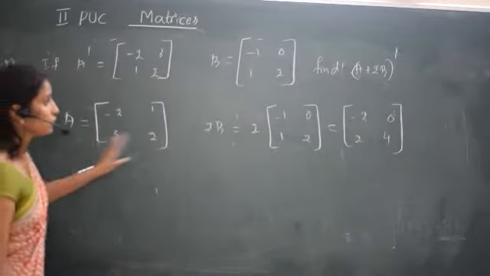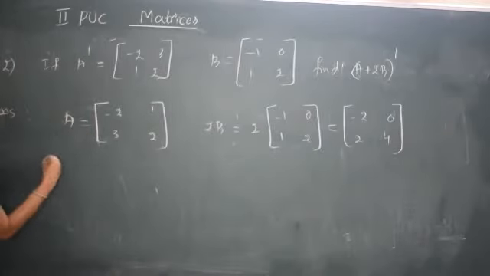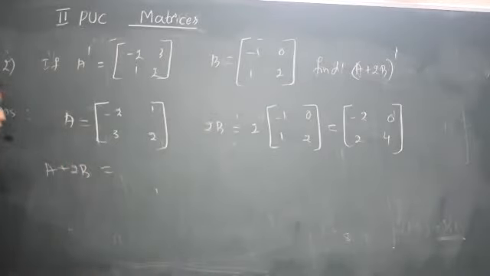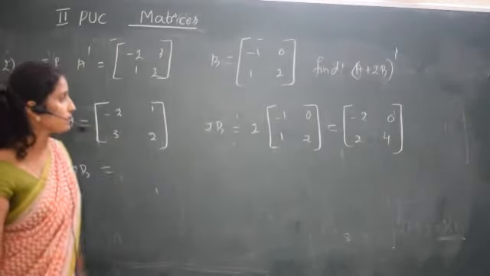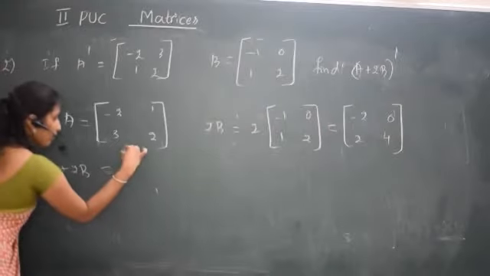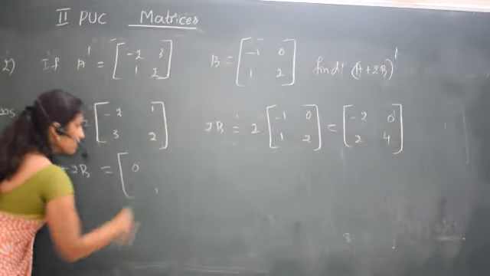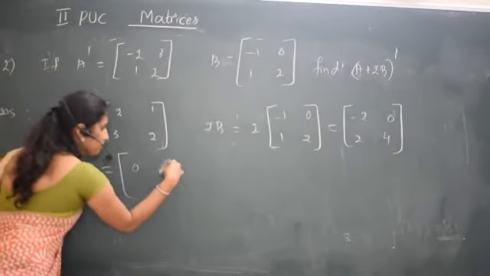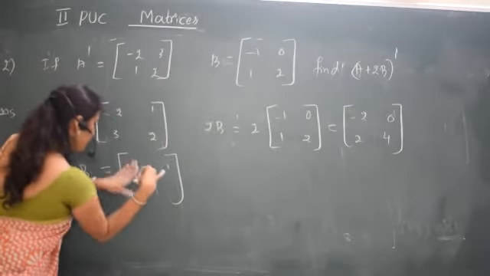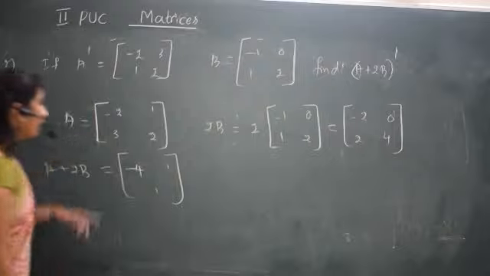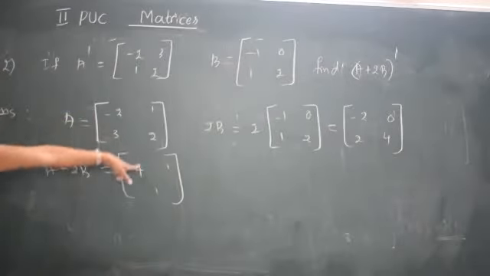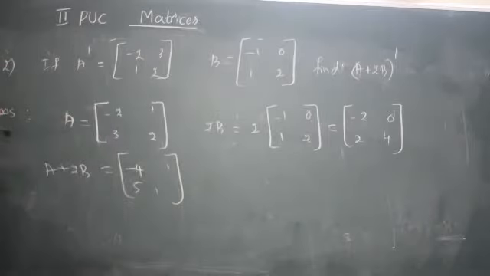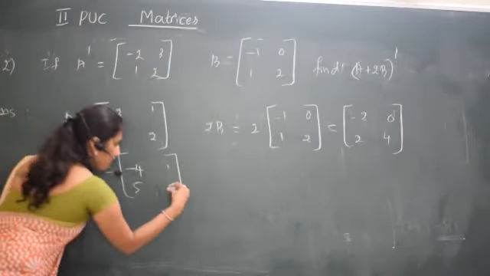Next, addition of these two, so A plus 2B. That means addition of these two, so minus 2 plus minus 2 will be minus 4. Sorry, it is not 0, it is minus 4. And 1 plus 0 is 1, 3 plus 2 is 5, and 2 plus 4 is 6.